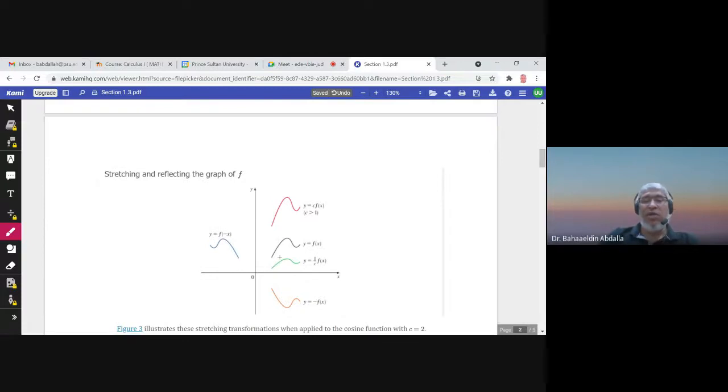This is the original f. If you change x with negative x, then it's reflection about the y-axis. This is why you are reflecting this graph about the y-axis. While if you multiply outside by minus, then you will reflect this graph about the x-axis. So this is the reflection.